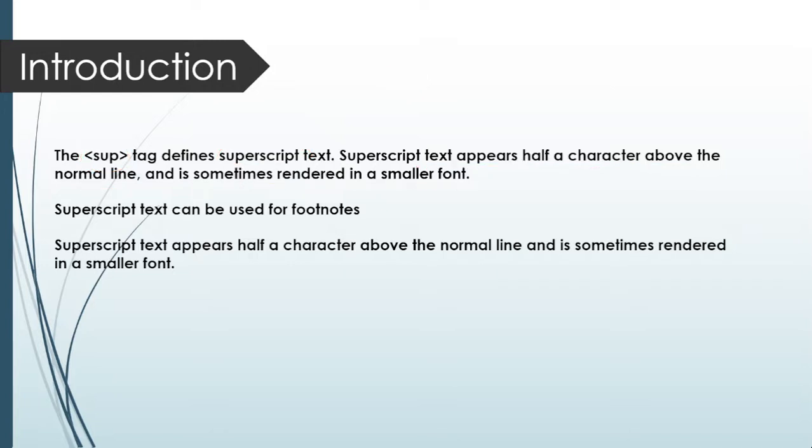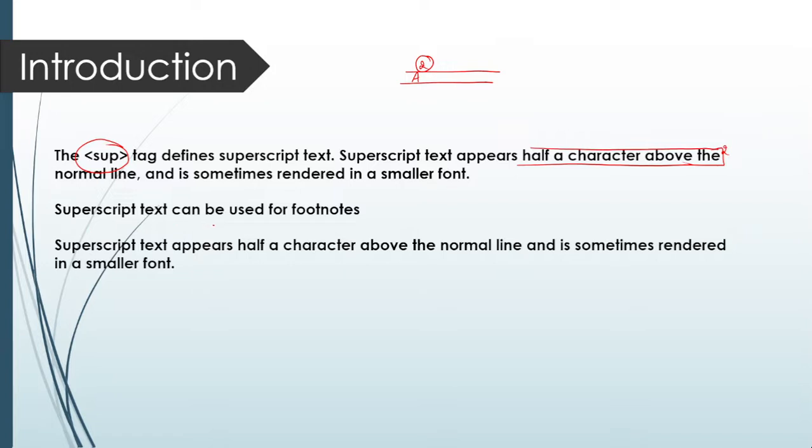So what does it mean is, suppose this is our normal character line. If I want to write something over this e, like 2, for example, if we write a square, so if we want to write something above the normal character line, we always use the sup tag, that means the superscript tag.